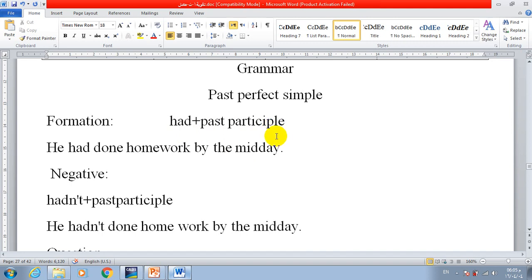When I want to make a sentence in the past perfect simple, I must start the sentence with subject, noun or pronoun, then had and past participle. Like you see in the example, he had done homework by the midday. Here the subject pronoun is he, followed by had and the past participle, done.